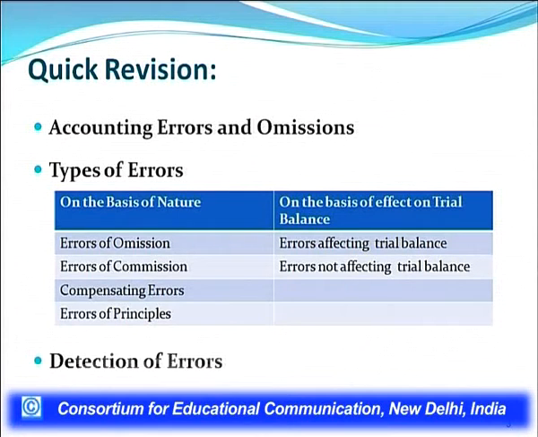The reason being, there are three stages of rectification of errors. First is before preparing the trial balance, second is at the time of preparing the trial balance, and third is after preparing final accounts. So, after preparing final accounts, we shall discuss all three stages of rectification of errors.